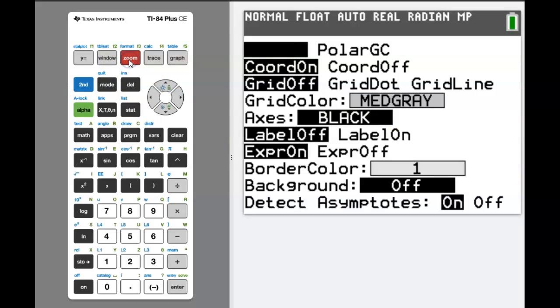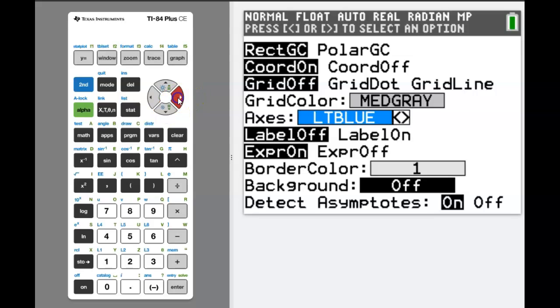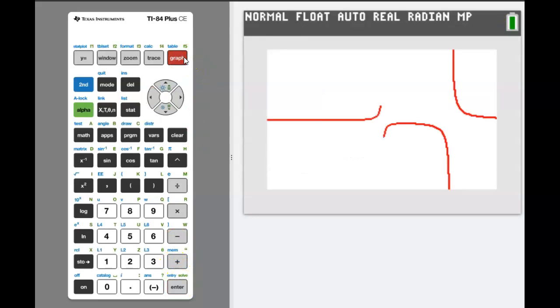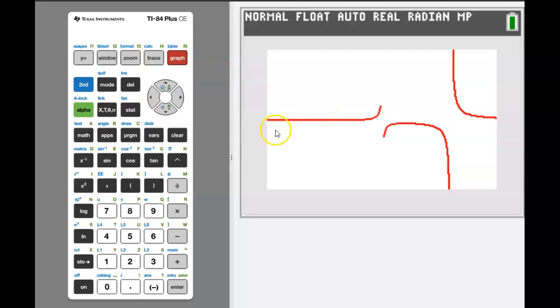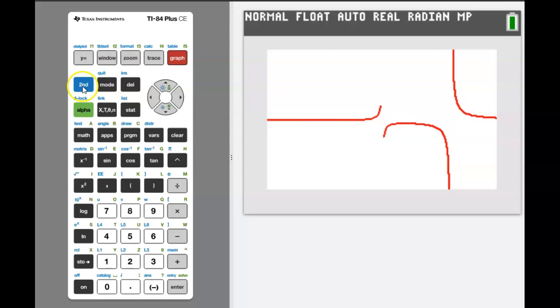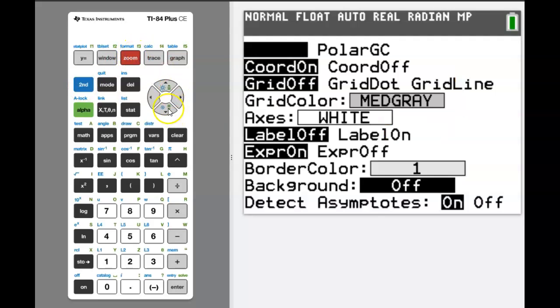If I were to turn the axes off, don't mess with this on yours, look what happens. Is this right? Does this graph actually end at certain places? It doesn't. It's right. Let me quick turn my axes back on.